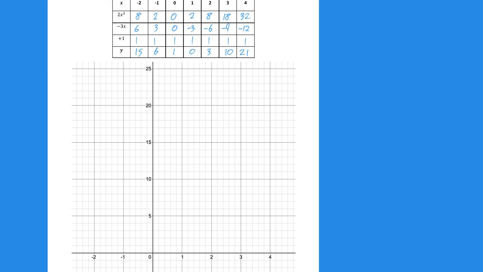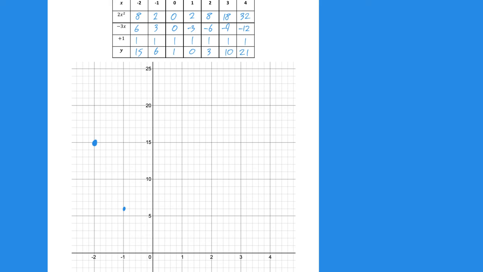Okay, now what we've got to do is plot these, and hopefully this is just about on the screen. So when x is equal to -2, your y value is 15. So we'll plot that wee point. When x is equal to -1, your y value is 6. So 6 is going to be here.